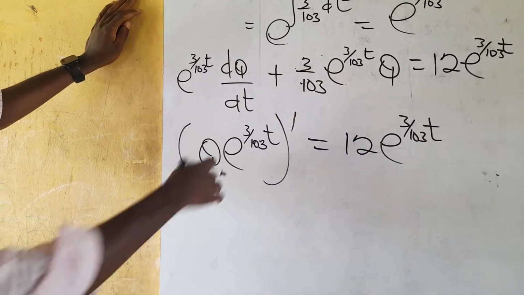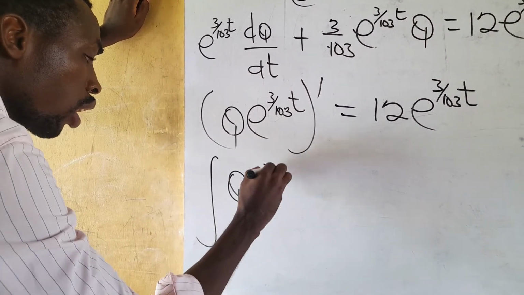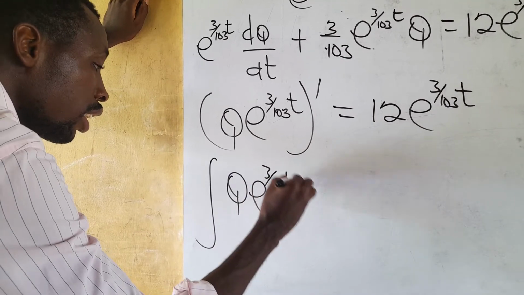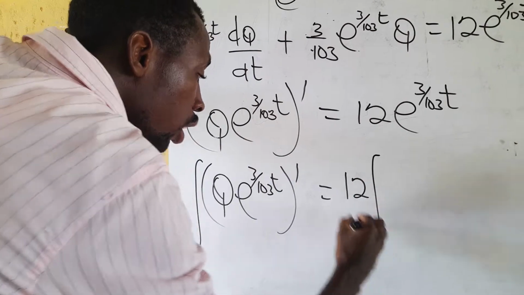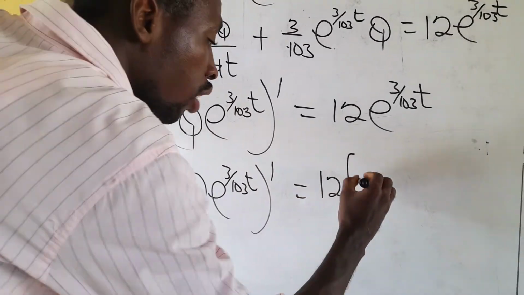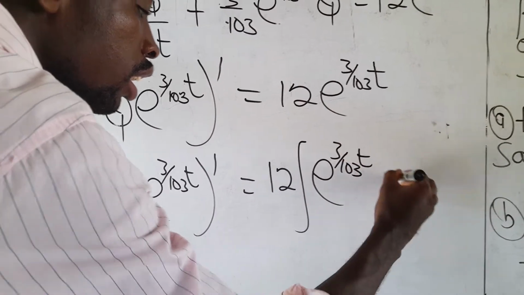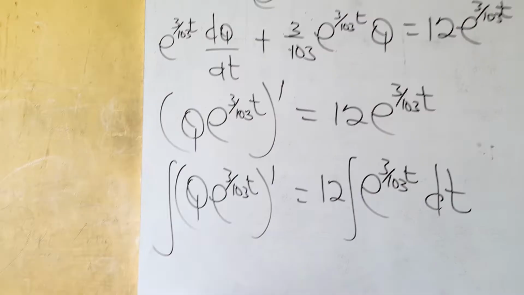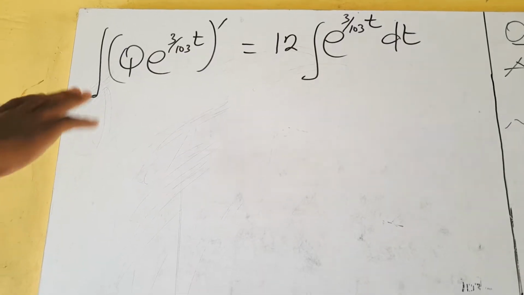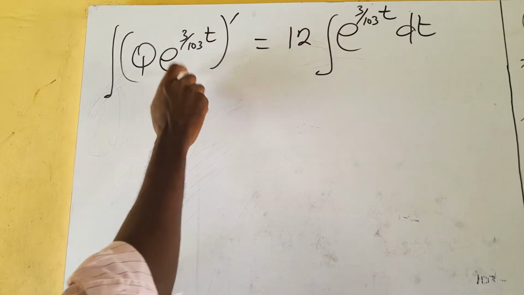Now what do we do? We integrate both sides. So this will be the integral of q e to the power 3 over 103 t, all prime, equal to 12. It is constant. That's why I bring it out. Integral of e to the power 3 over 103 t dt. So let's integrate this. Remember we said anytime the integral meets the differential, the answer is the function.